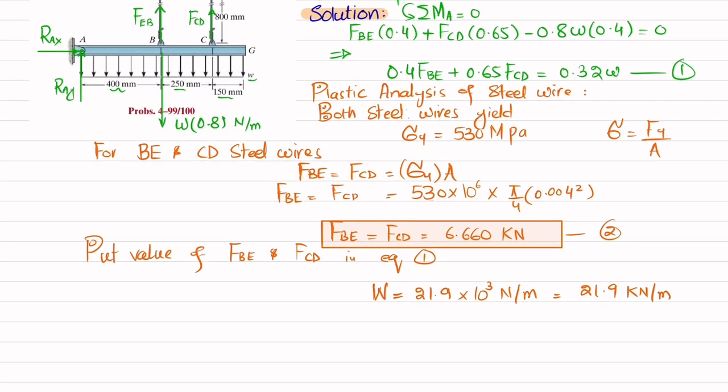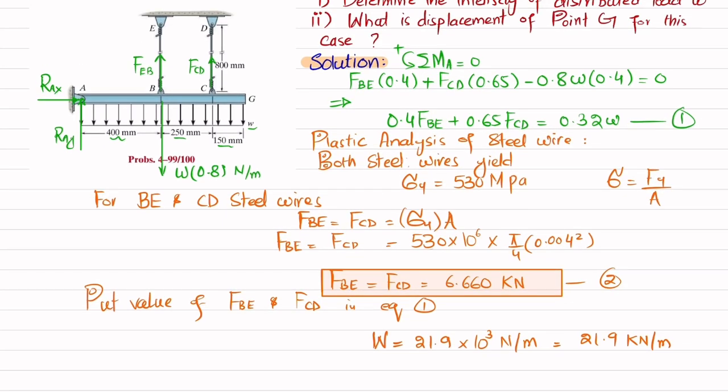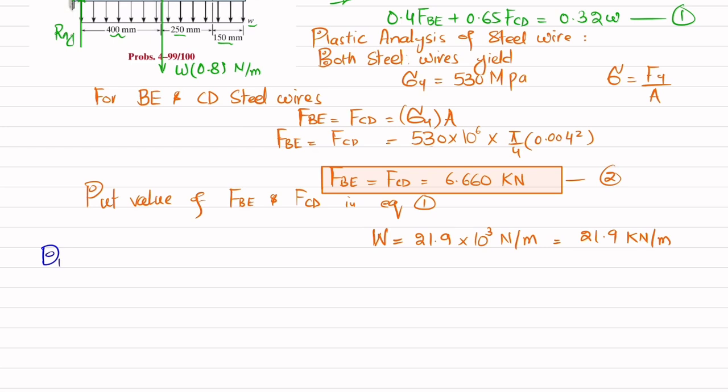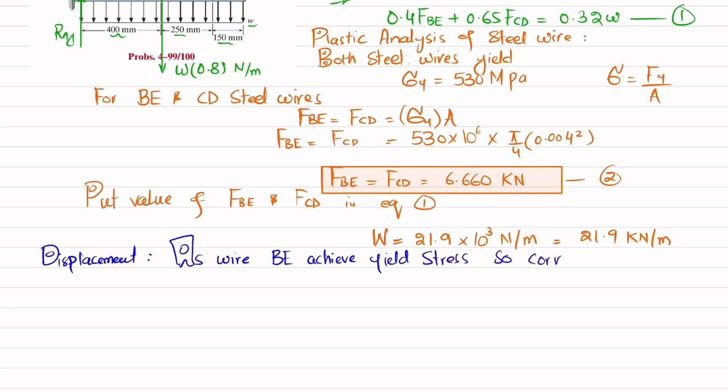Now you have this value. So what we are going to do is that we will find the displacement of this point B. Clear? So how we will find this displacement? Let me write first displacement. As wire EB or BE achieves yield stress, the corresponding yield strain will be equal to yield stress over modulus of elasticity.